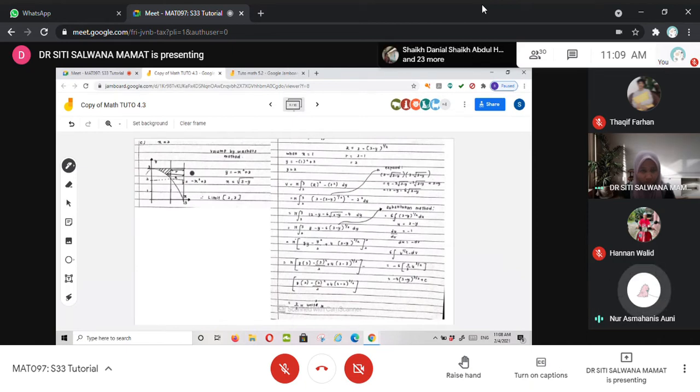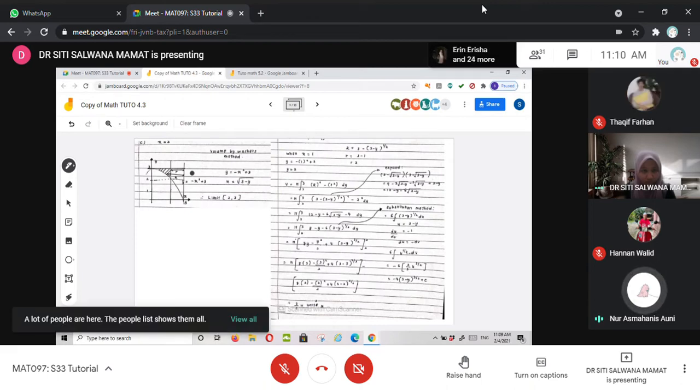So insert dalam formula, V equal to pi integrate limit 2 to 3, R squared minus r, yang inner radius, dy, and then insertkan equation. So R yang besar ni (3 minus y power of 1 over 2) squared minus 2 power 2.